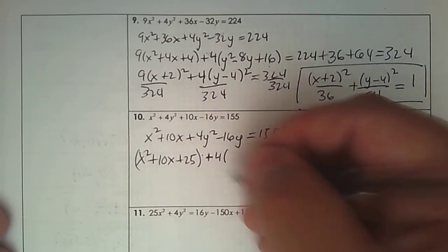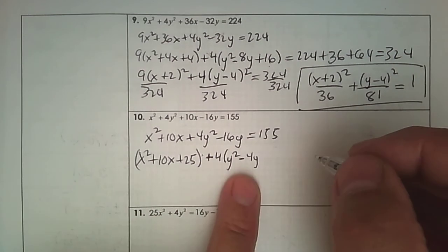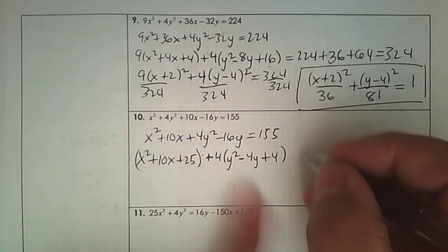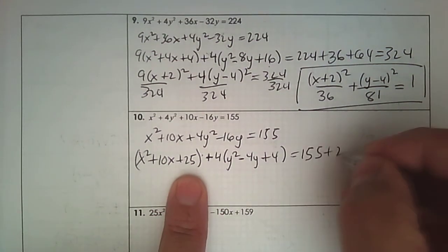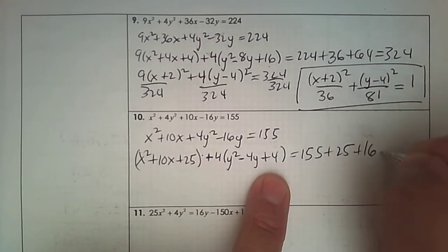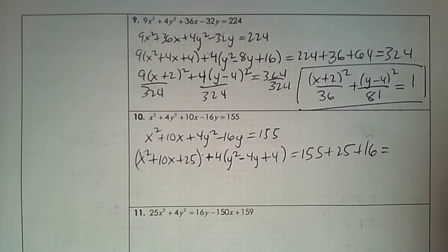I'm going to factor out the 4, so you have y squared minus 4y. Now, just inside the parentheses, divide by 2 and square, that number's 4 to complete the square. Now, what numbers will I add to the right side? So I need a 25 on the right side, and then 4 times 4, I need a 16. Now, add those up, 155, 25, and 16.